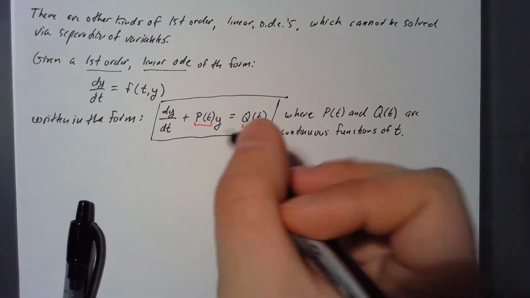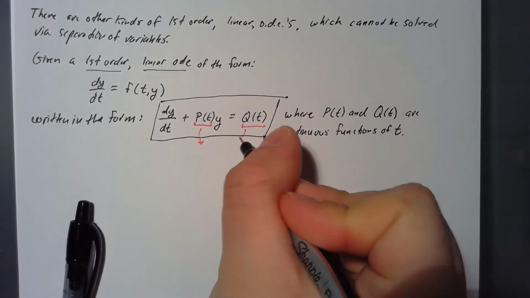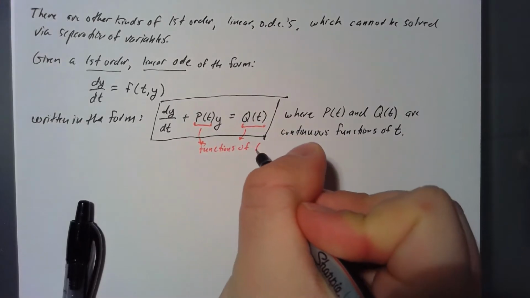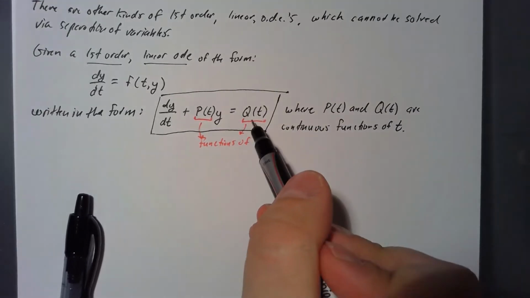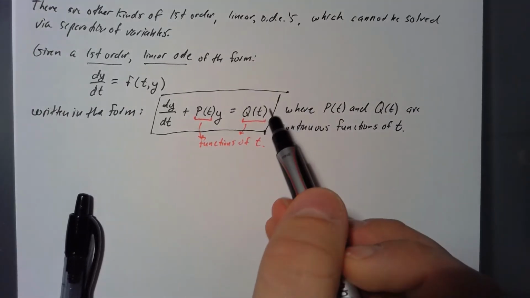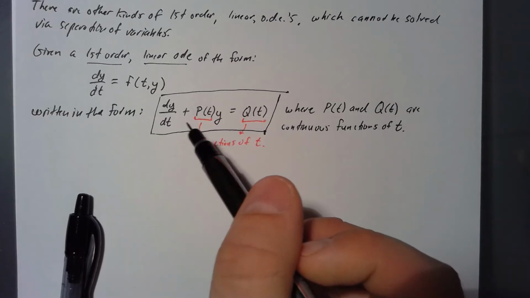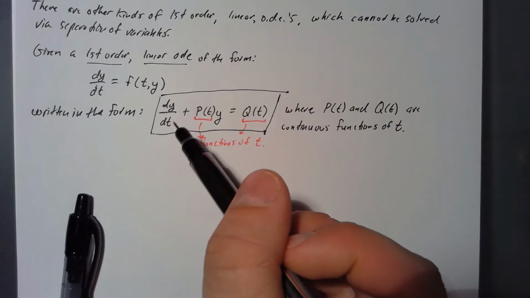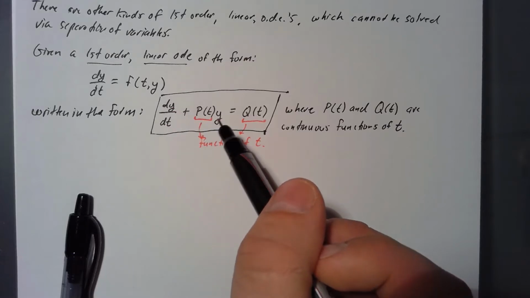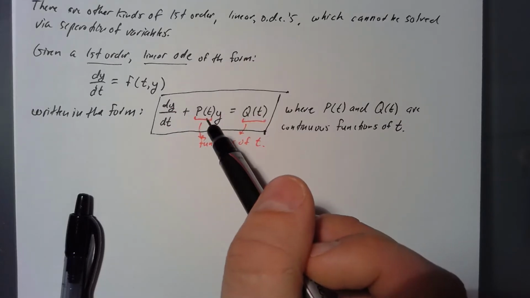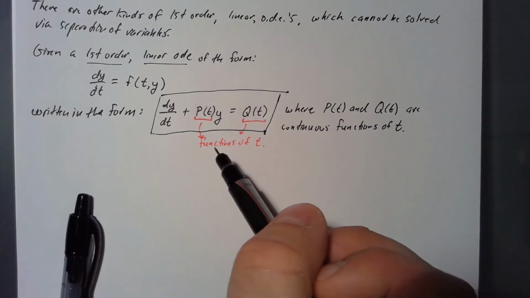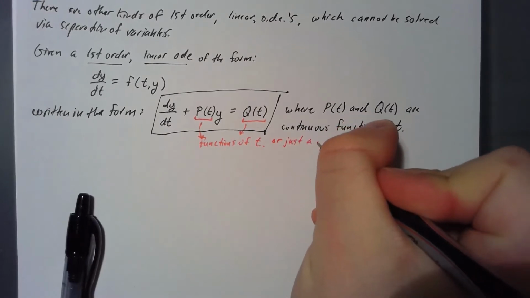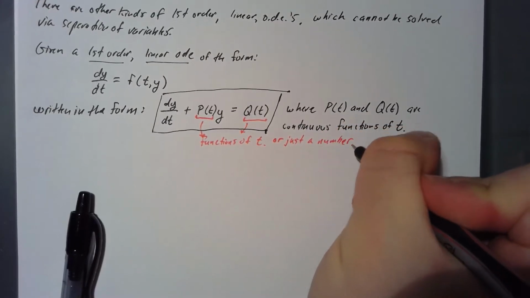That's all they are. They could be a number, they could be stuff with t in it, it doesn't matter, as long as they're functions of t. So I have dy/dt, here's the first-order part, the first derivative of y, plus something with t times y equals something with t. And like I said, p of t and q of t could be functions of t or just a number. It doesn't matter.